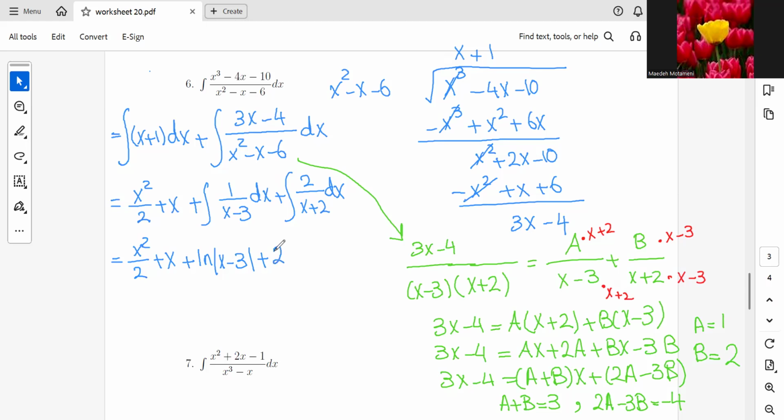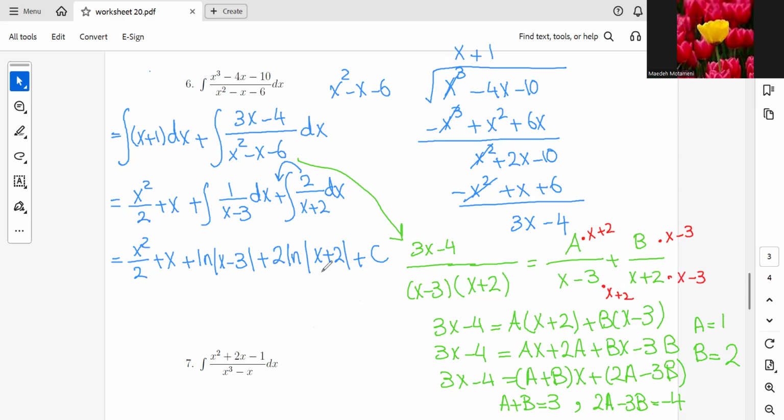We can bring out 2, and the integral of 1 over x plus 2 will be ln of x plus 2 here. And since it is indefinite, we would write plus C at the end. Also, you can use laws to combine these.